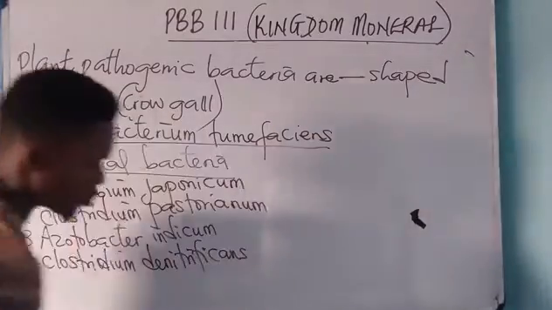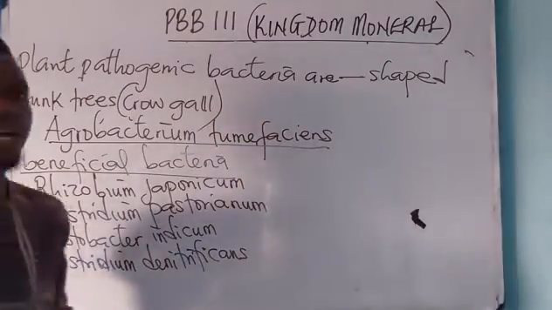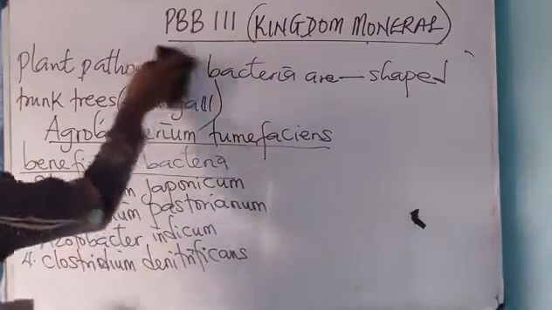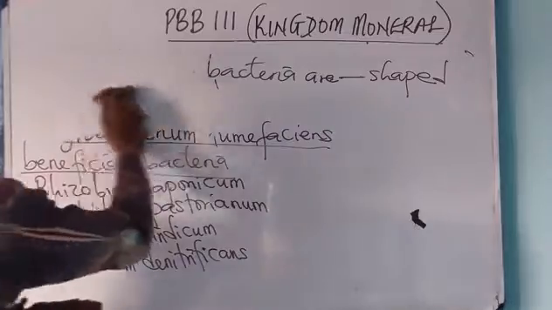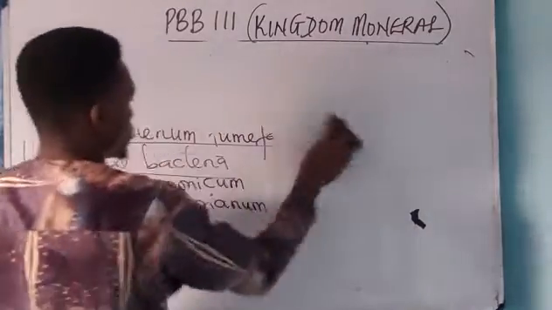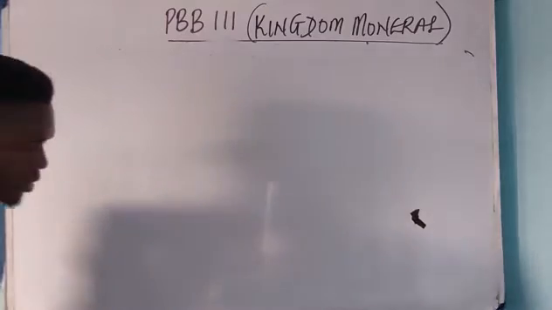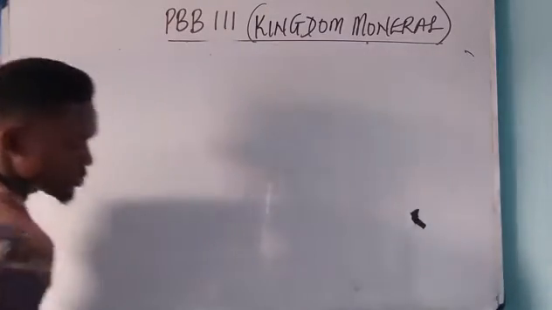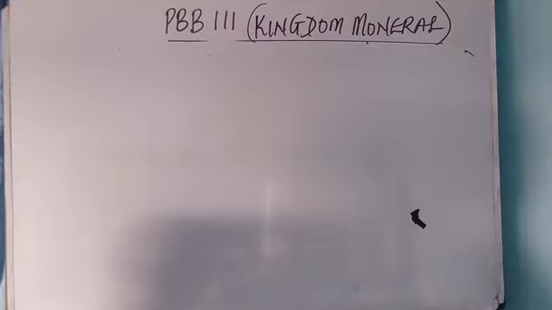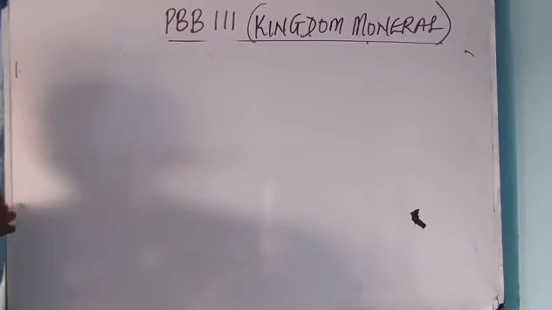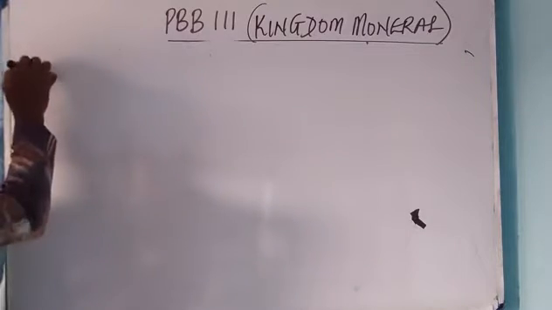Now we also have some bacteria that are used as bioremediation to toxic waste. We have some bacteria that are used as what? Bioremediation to toxic waste, that is pollution. Such bacteria are, one, we have the Bacillus thermoleovorans.